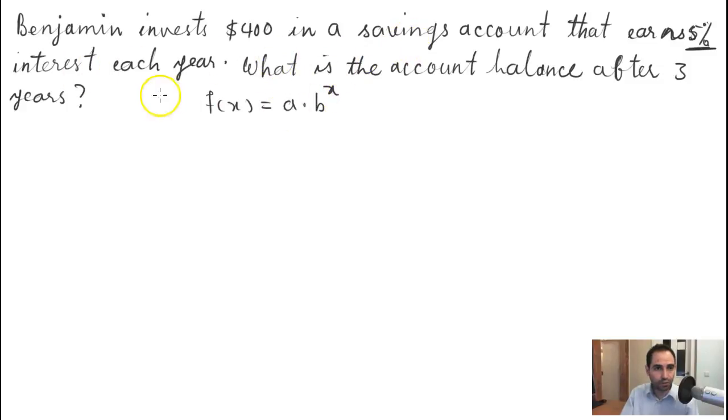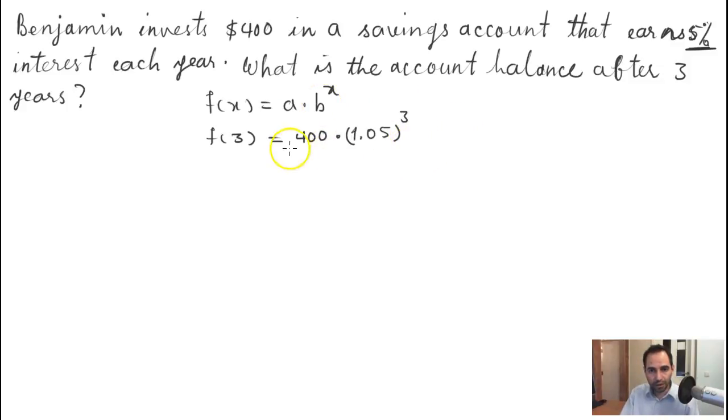Then you could write f of 3 is equal to a, which is $400, the amount you start with, times b, the amount by which the account is increased every year, which is 5%, which becomes 1.05, times 1.05 raised to the third power.